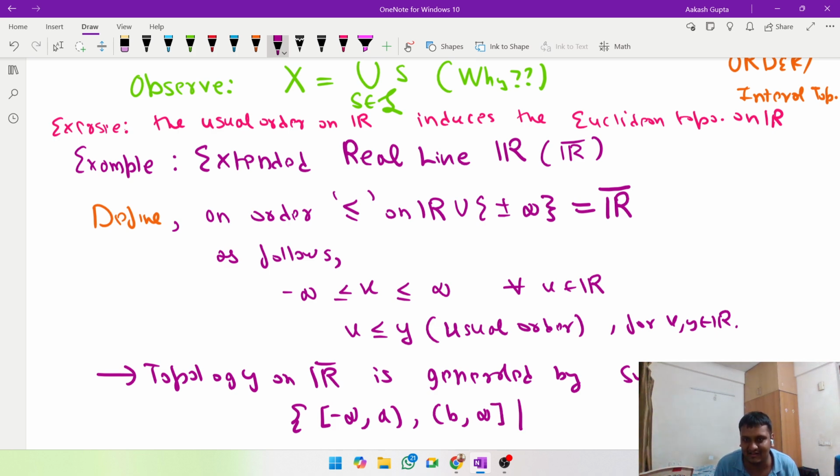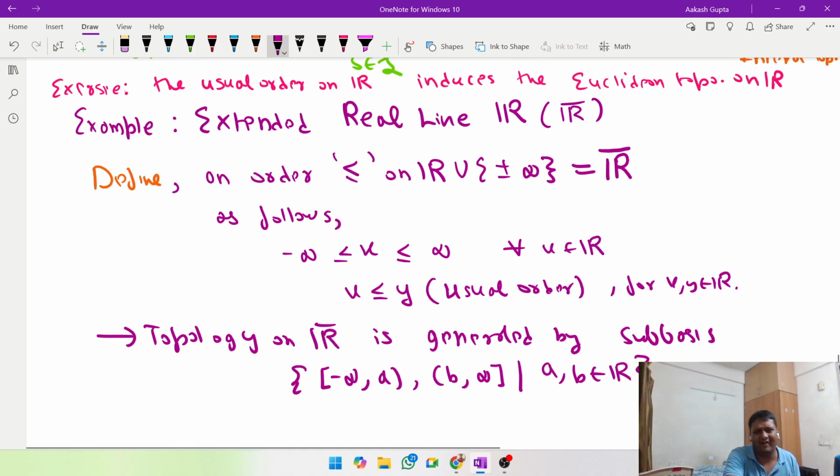Something like that, with a, b in R. So this will give you a topology. Note that the sets like closed minus infinity to 1 are open now in R bar. This is happening in R bar. So this is a subbasis for some topology on R bar, which, as I told you, we call the order topology.